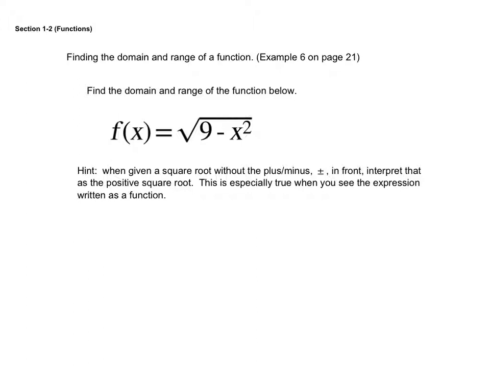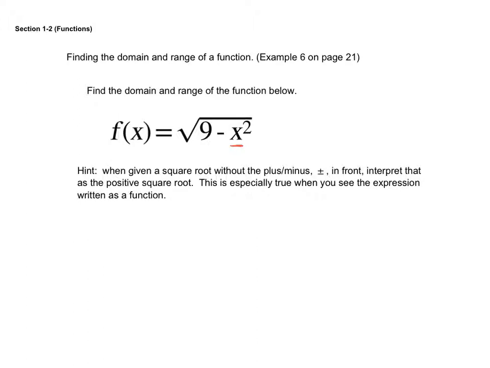So for the domain, if I choose the number 0, let's choose x equals 0. Well, 0 squared is 0, 9 minus 0 is 9, and the square root of 9 is 3. I can do that. If I choose the number 1, well, 9 minus 1 squared is 8.